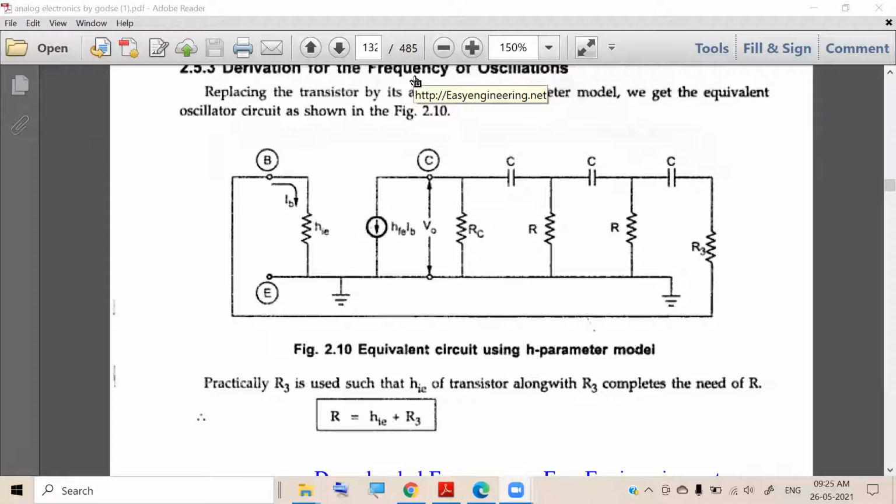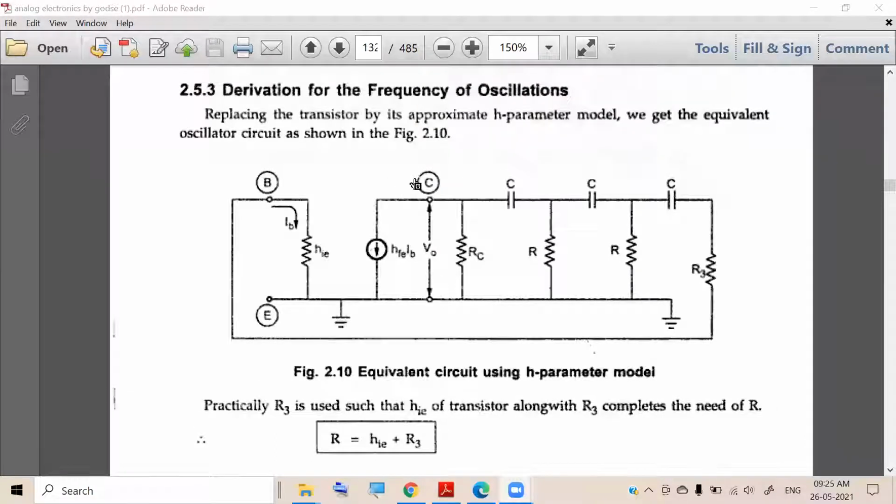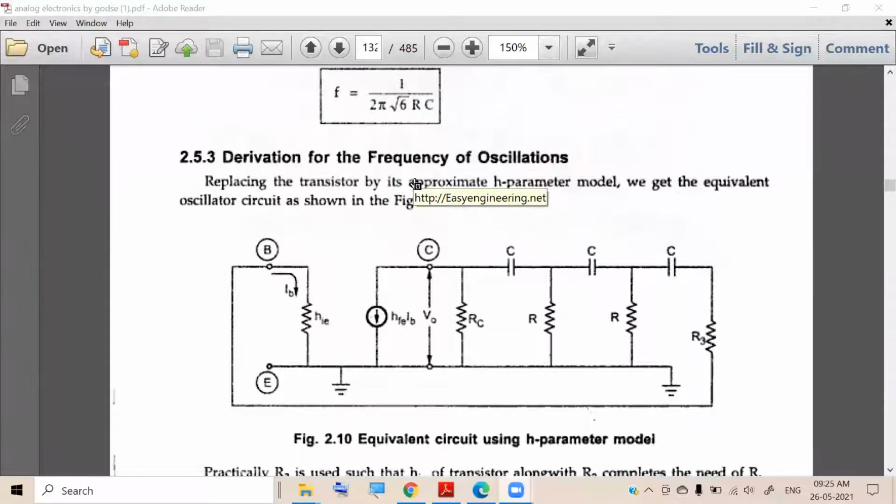So far we have done so many derivations. For this RC phase shift oscillator, which we were discussing in the previous class, I will explain the outline of the derivation. It will be very easy.